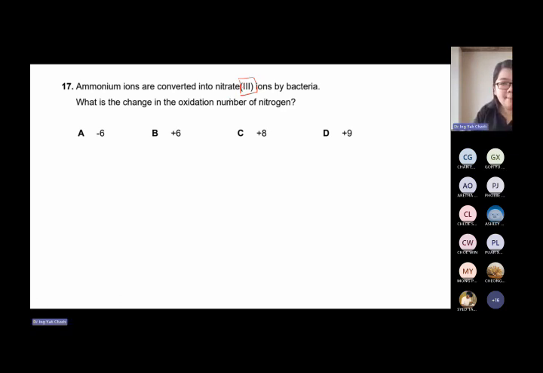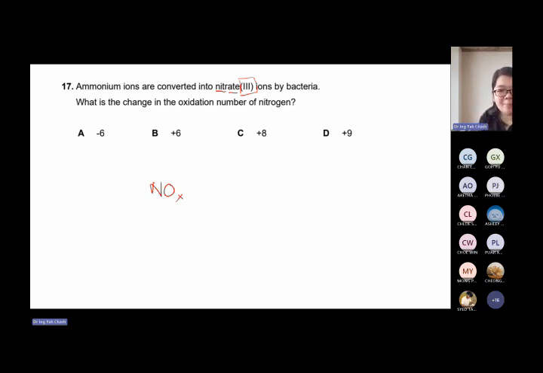Now, nitrate ions. When you see ATE, it means this element, nitrogen, is paired with oxygen. It can be any number of oxygens, can be NO2, NO3, and so on.